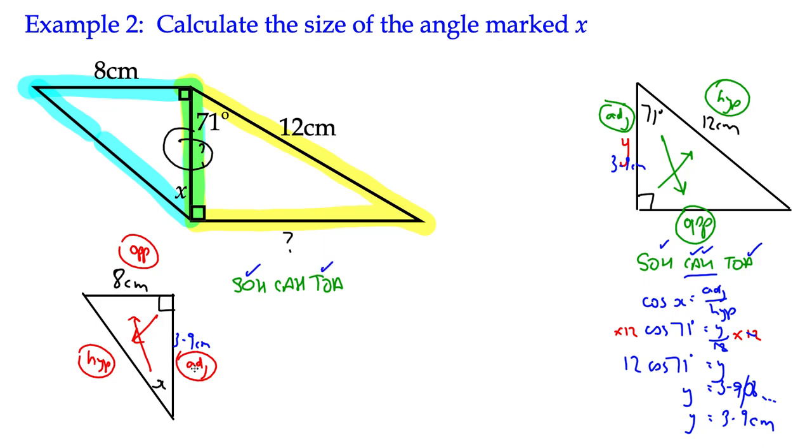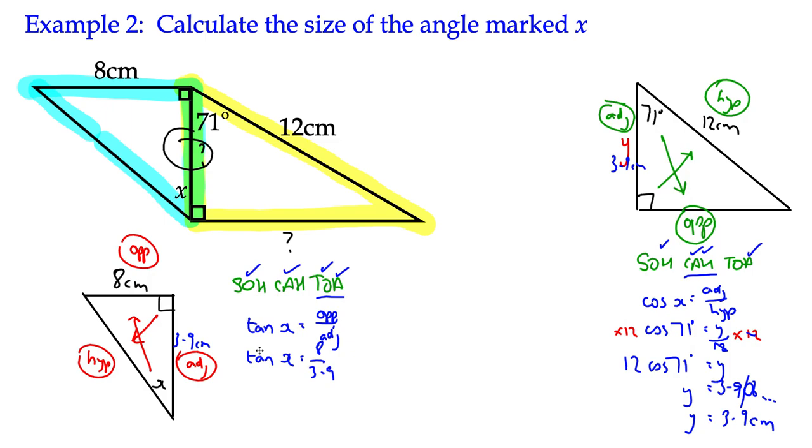I've got 3.9 on the adjacent, A for adjacent. Two ticks on TOA. So that's tan x equals opposite over adjacent. Substitute in x, the angle we don't have, that's what we're trying to work out. The opposite is 8 and the adjacent is 3.9. And of course, working out an angle, we need to know both the numbers.